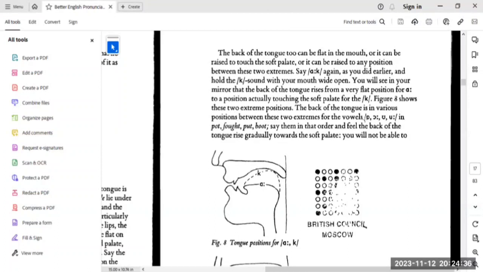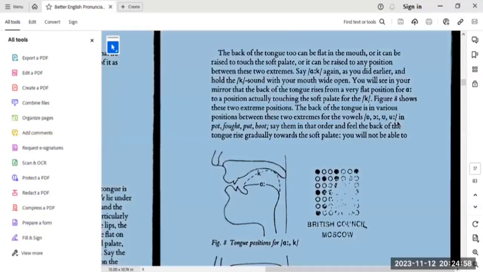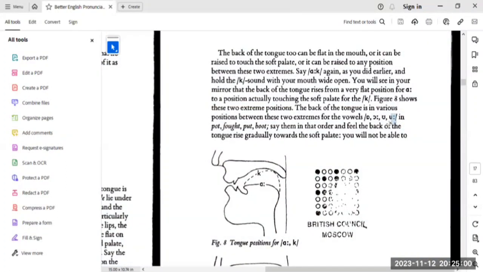Now we'll try these sounds. This one is what? Wait. Here, this one is what? This one. Next one. This one. The last one. Okay.